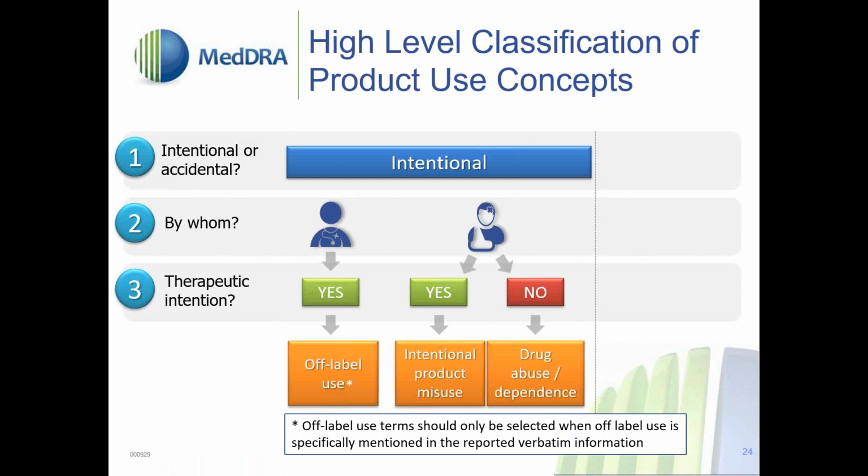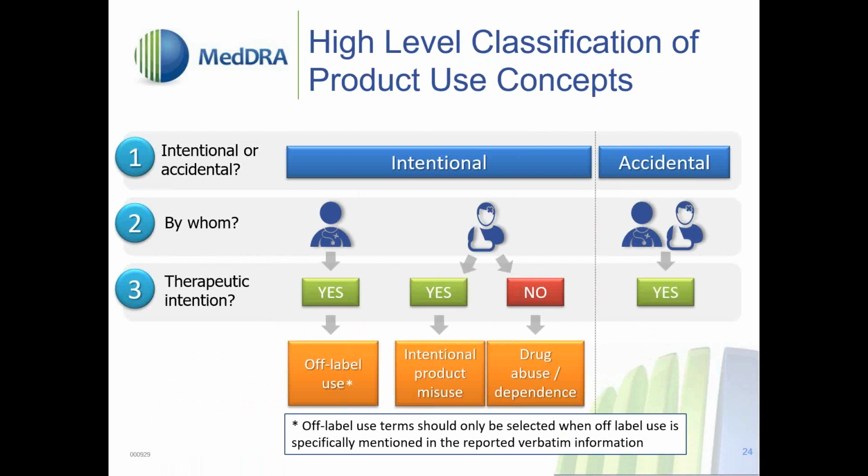If the unapproved product use is unintentional, accidental, this can also be caused by both the healthcare professionals or patient consumers. If this occurs in the context of the therapeutic use of the relevant product, it is classified as a medication or product use error, device use error.